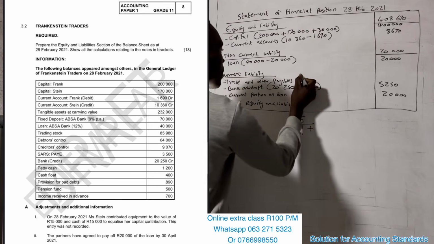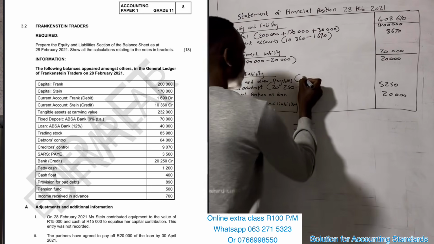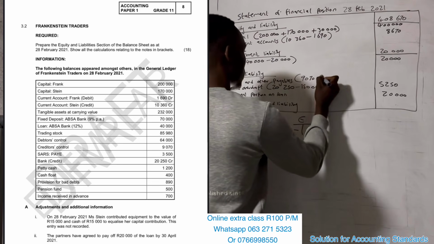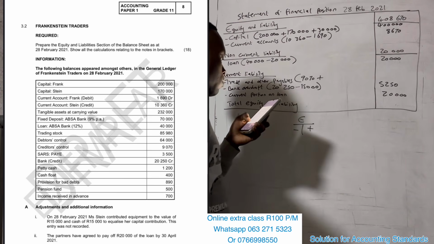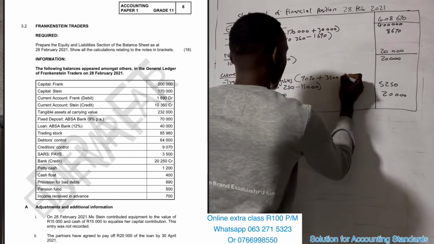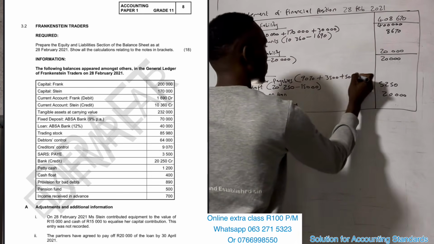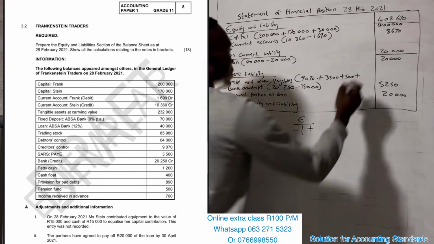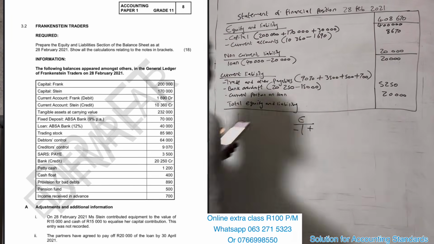Okay, trade and other payables. That's where we are going to open a bracket and start with creditors control of 9,070, and we add it with SARS pay as you earn 3,500. Okay, and we also have to add pension fund of 500, and we also have to add income received in advance, because they all fall under trade and other payables.